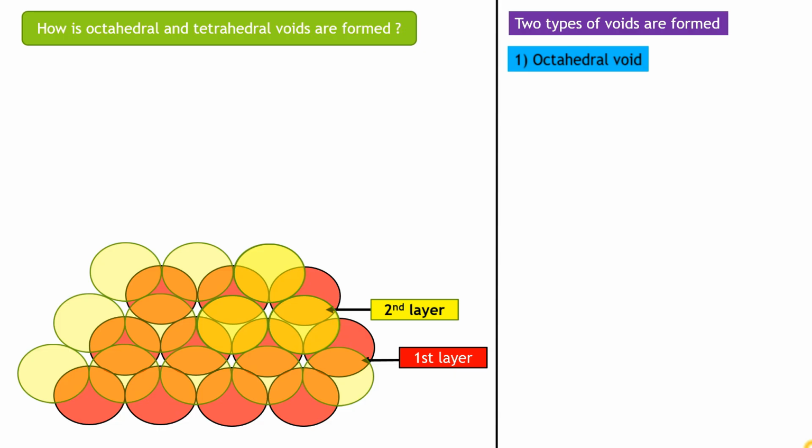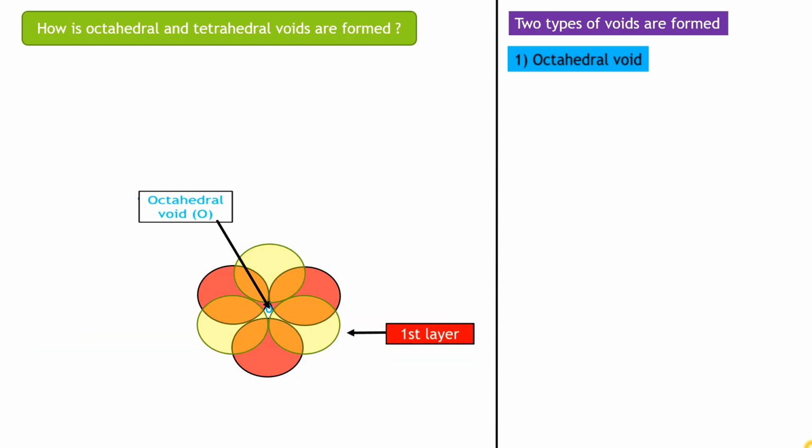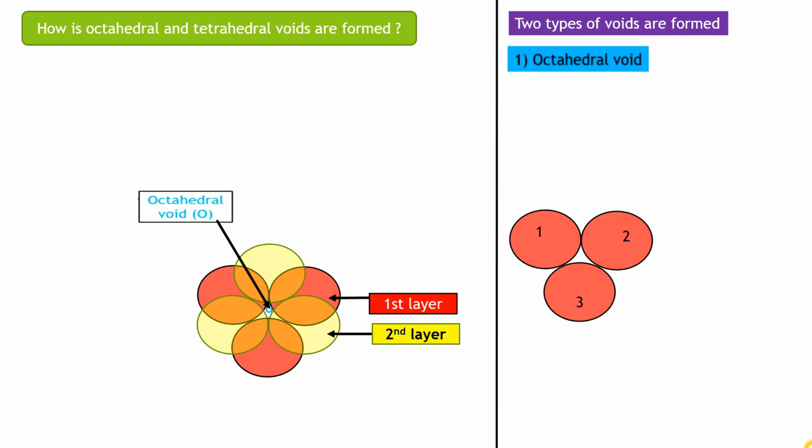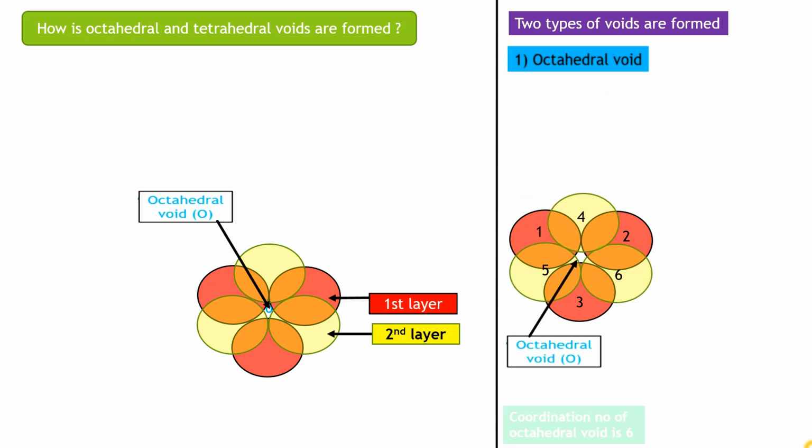Here in the animation you can see an octahedral void, which is represented by the letter O. Octahedral voids are formed by 3 spheres below, which are of the first layer, and 3 spheres above, which are of the second layer. Since octahedral voids are formed by 6 spheres, the coordination number of an octahedral void is 6.